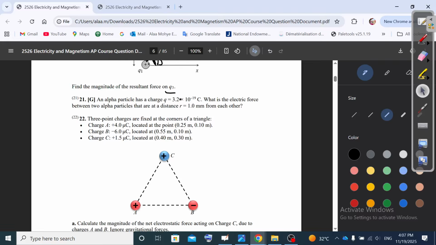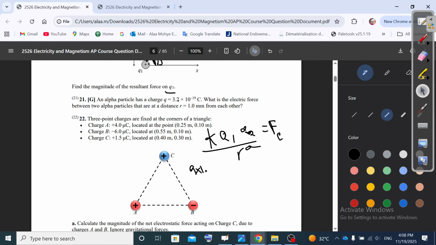An alpha particle has a charge, whatever. What's the electric force? So directly you use the formula, K, Q1, Q2 over R squared is your electric force. But here they told you there are two, so you take the square.